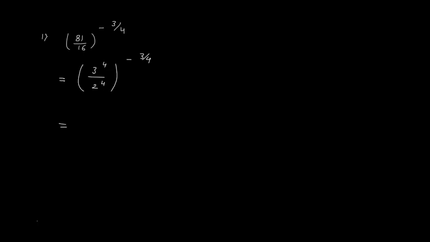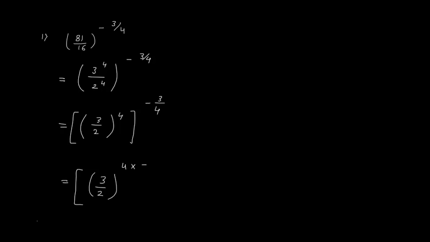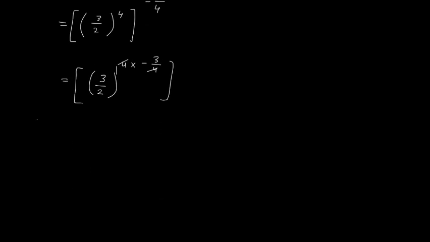So this will become (3/2)^4, and the whole power minus 3 by 4, and finally we get (3/2)^(4 × -3/4). This 4 and 4 will cancel, and we get (3/2)^(-3).